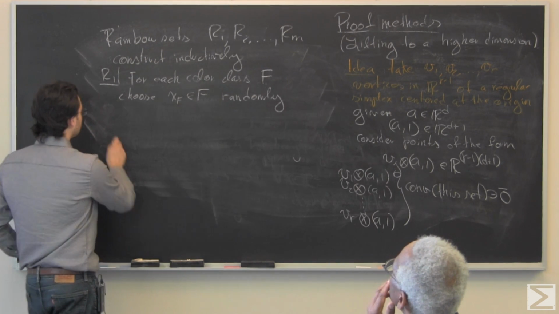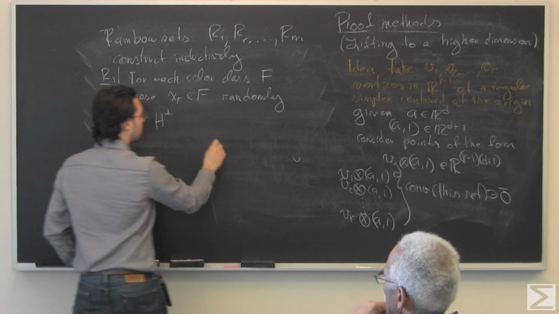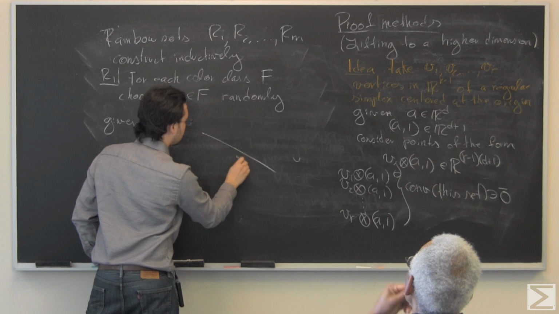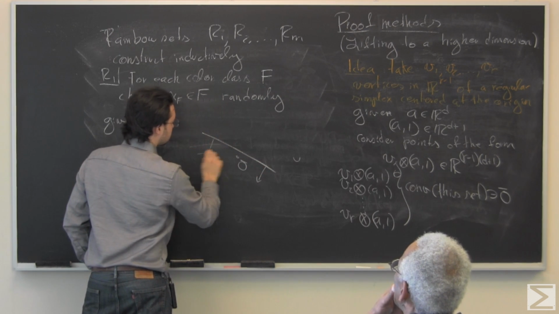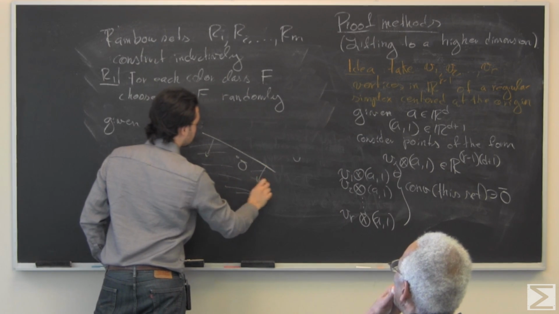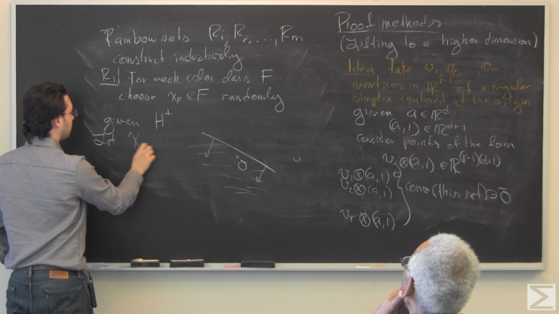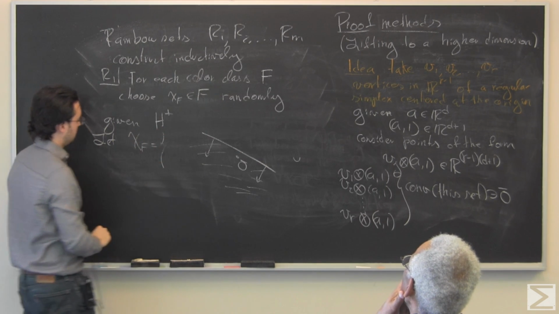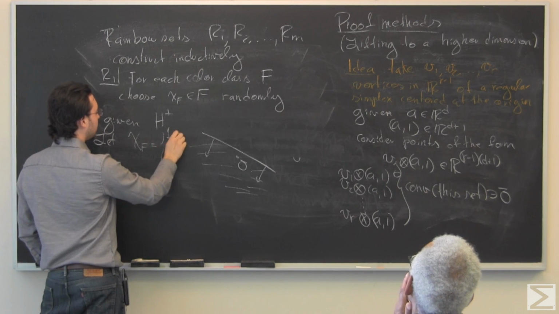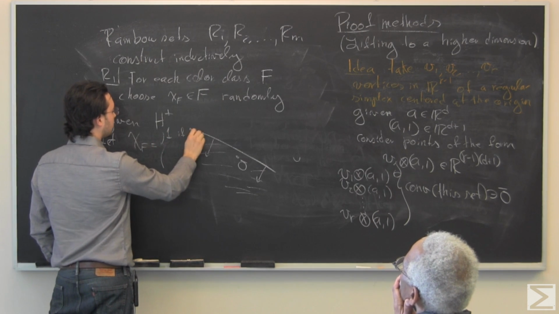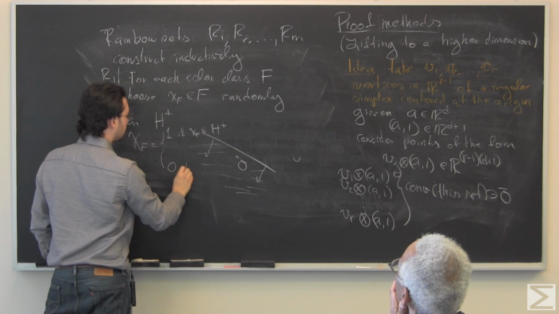Okay? So if I look at any half space H that contains the origin, well, let X_F be the random variable that is 1 if my chosen point is in H and 0 otherwise.